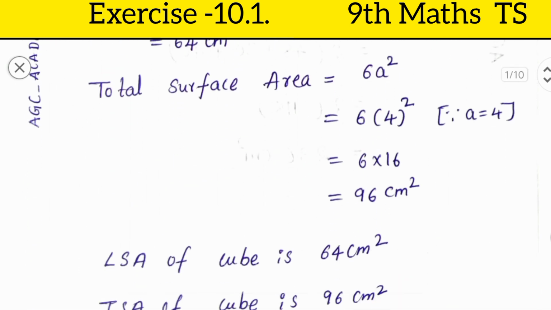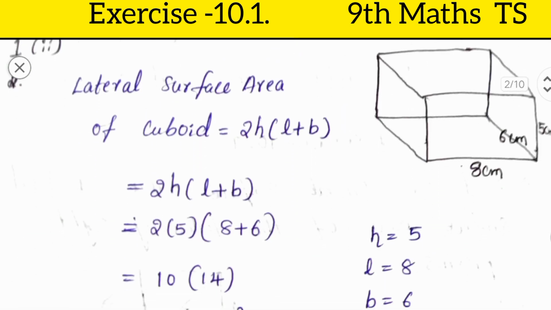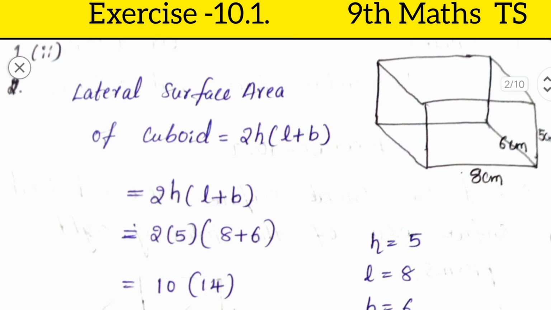Next we are moving to the next question. Please copy it down. The second question is, the figure is given here. You can look at the figure. This is in the shape of a cuboid. The lateral surface area of the cuboid is 2h of L plus B. Here H stands for height, L stands for length, B stands for breadth.